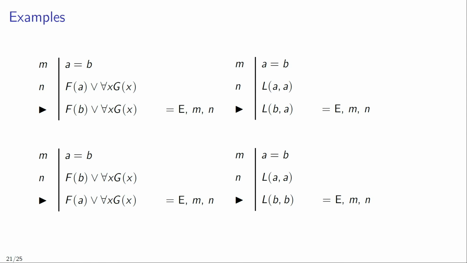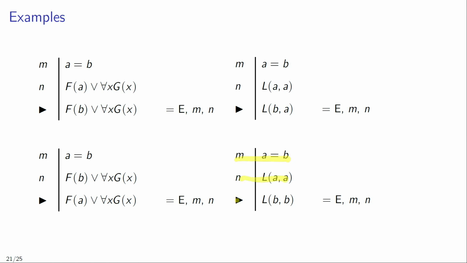Now, to give you a third example, let's look at the top right corner. Suppose in line M we have the sentence A equals B, and in line N we have the sentence LAA. You can then infer LBA and justify this inference by identity elimination applied to lines M and N. And to give you a final example, suppose that in line M we have the sentence A equals B, and in line N we have the sentence LAA.